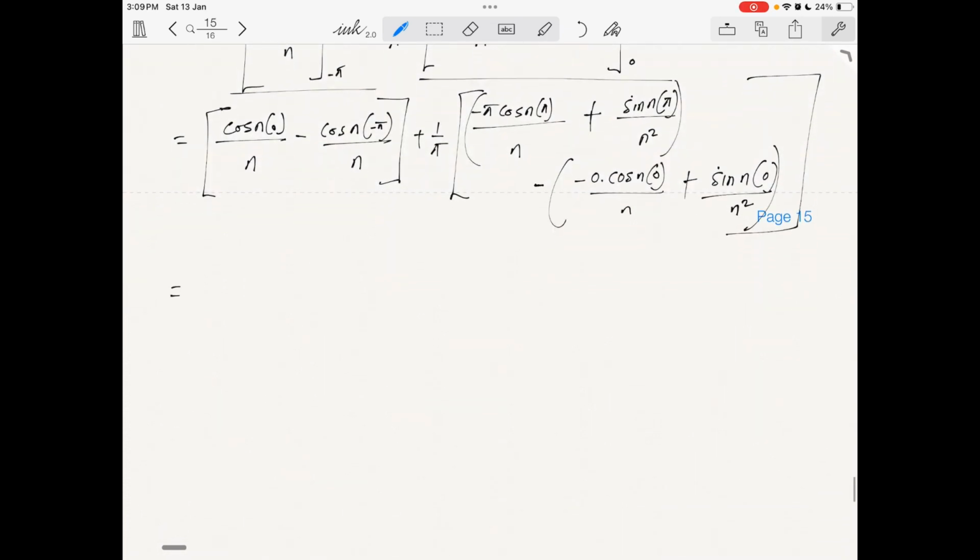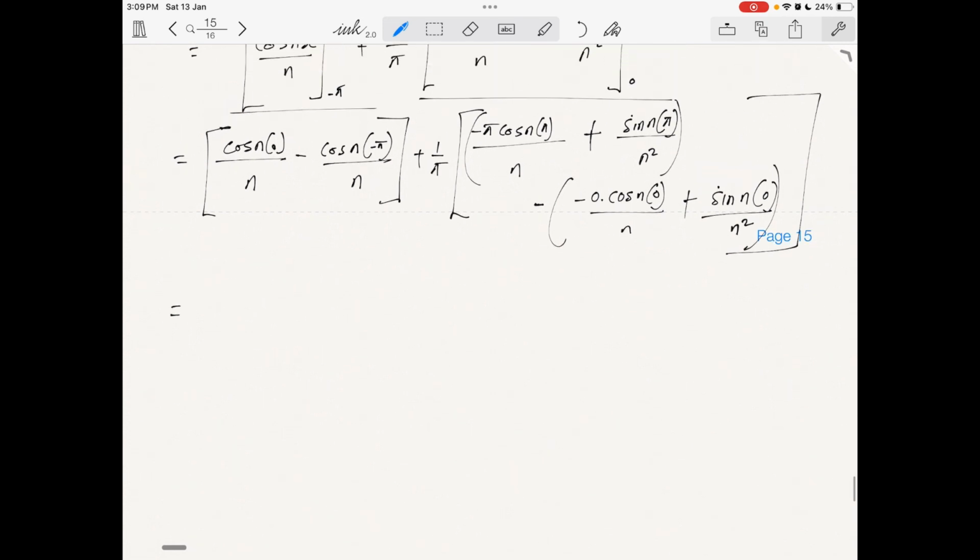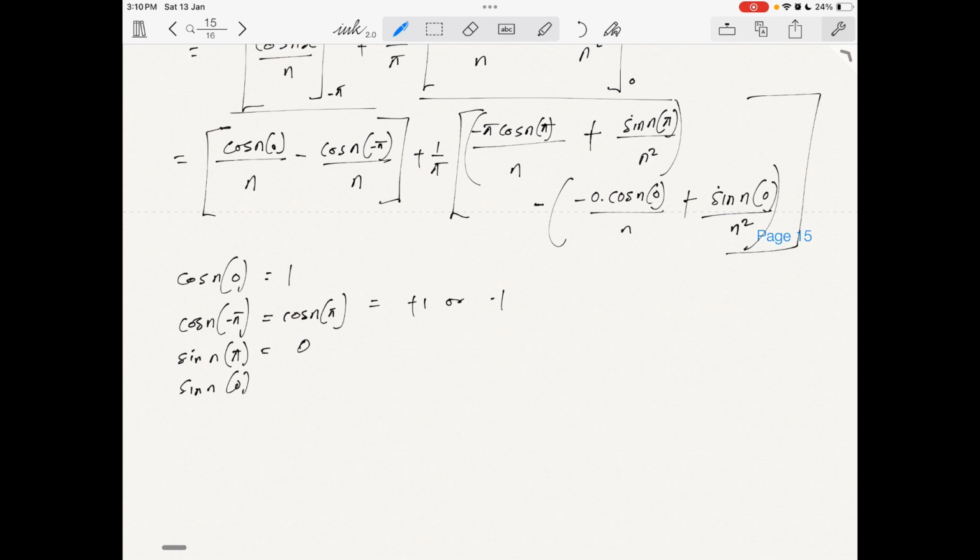Now, with this done, we can also recall that cos n of 0 is equals to 1, cos n of minus pi is equals to cos n of pi as even function, which can be equal to plus 1 or minus 1 as the case may be. Sine n of pi is equal to 0 and sine n of 0 is equals to 0.